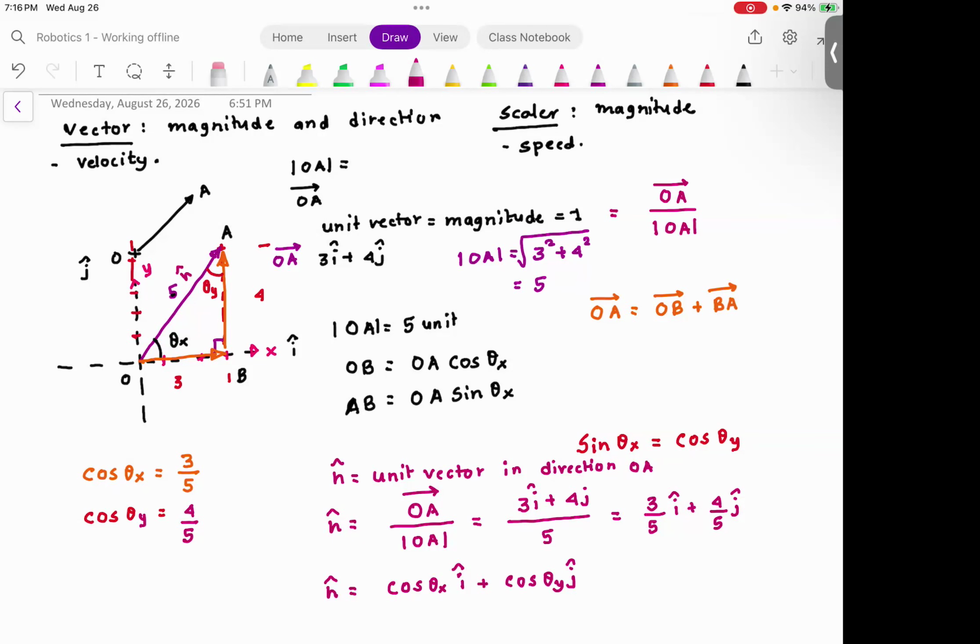Theta x is the angle made by that vector with respect to the positive x-axis. This theta y is the angle between the vector and the y-axis, the angle made by that vector with the positive j-axis.